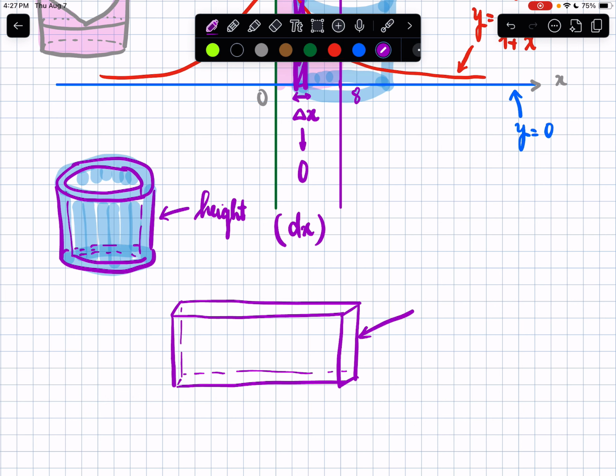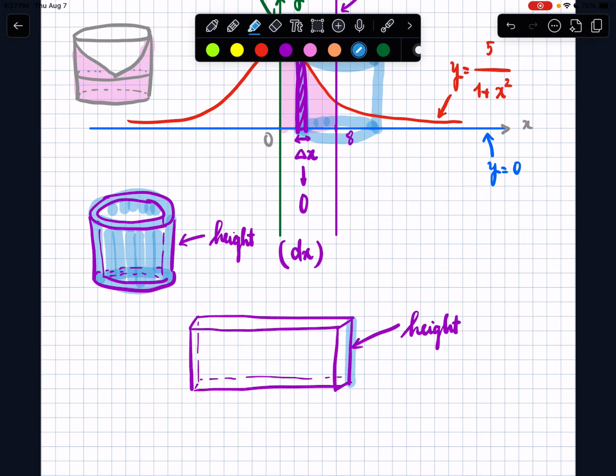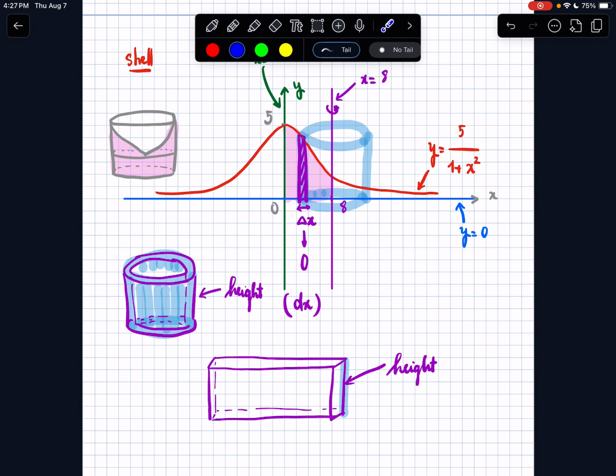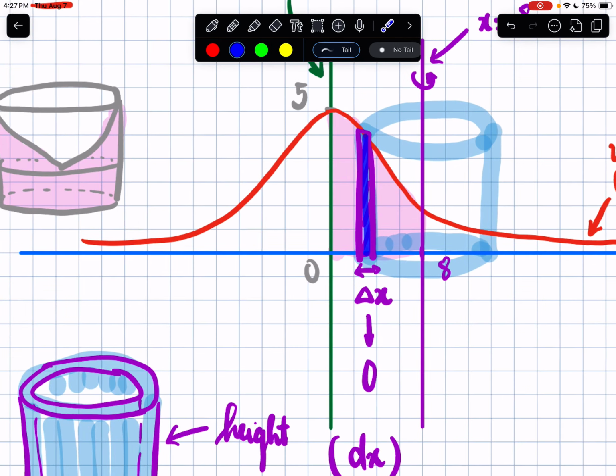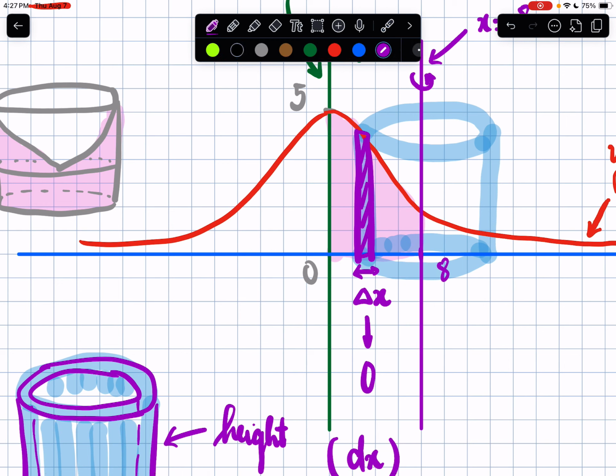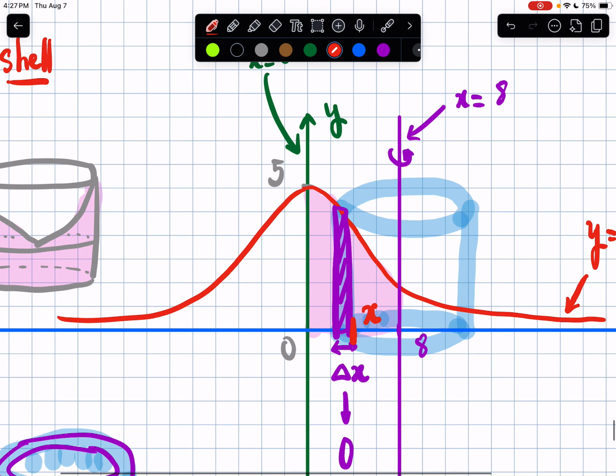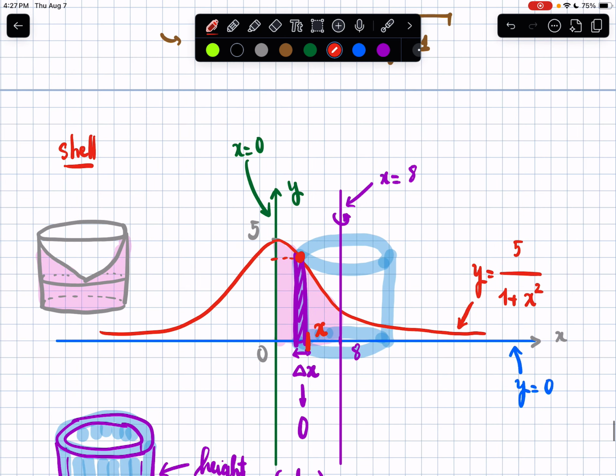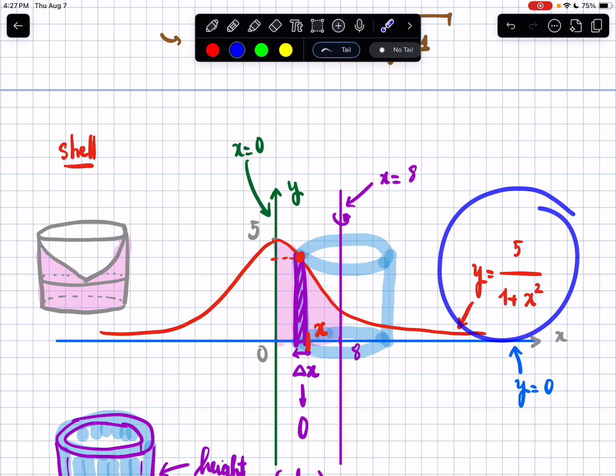Here's the height. The height of the shell is this distance. Now look at this point. This is x, and this point lies on the curve y equal to 5 divided by 1 plus x squared. Here's the corresponding y.